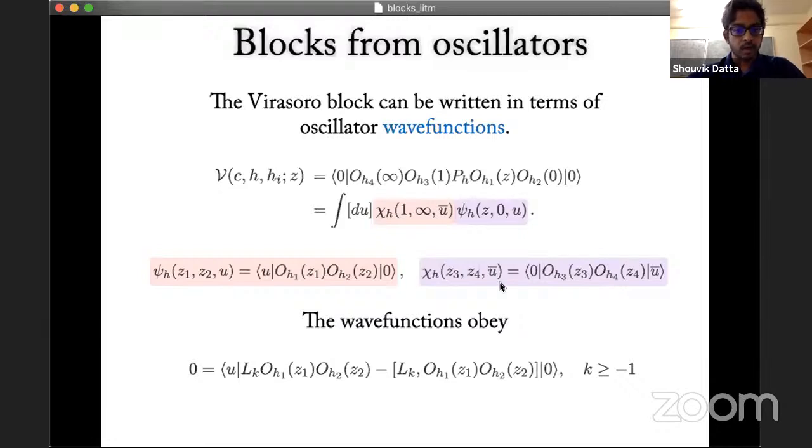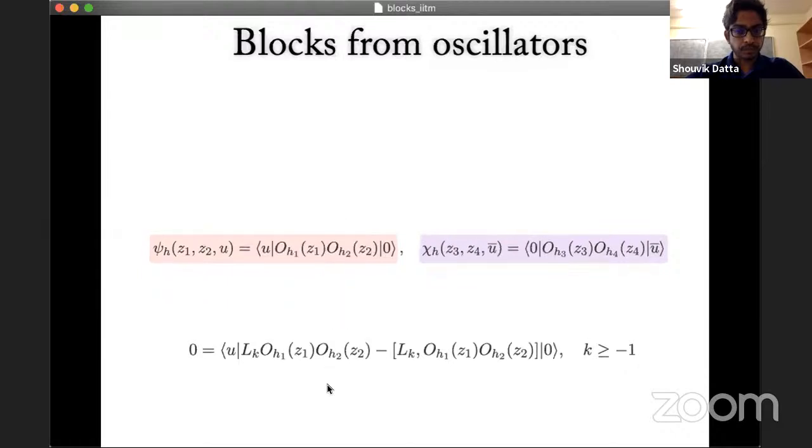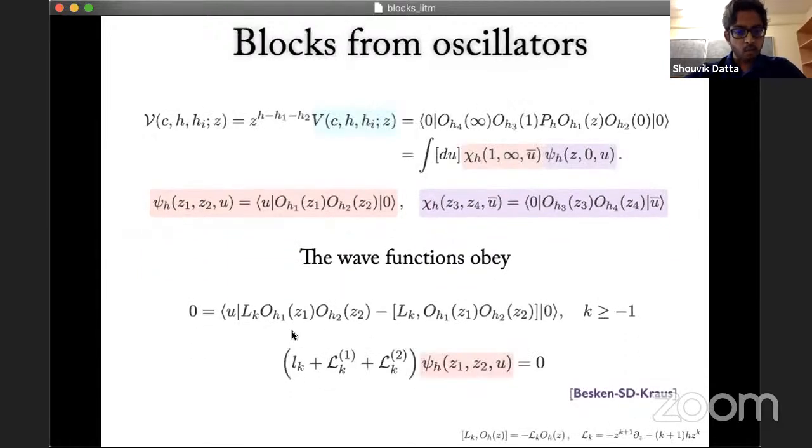Okay, and this is just a complete set of states insertion, and these two wave functions are given like this. And since these operators are primaries, one can trivially use the commutation relation of a primary operator with the Virasoro generator and get this relation. Okay, and then one can translate this constraint into a differential equation.